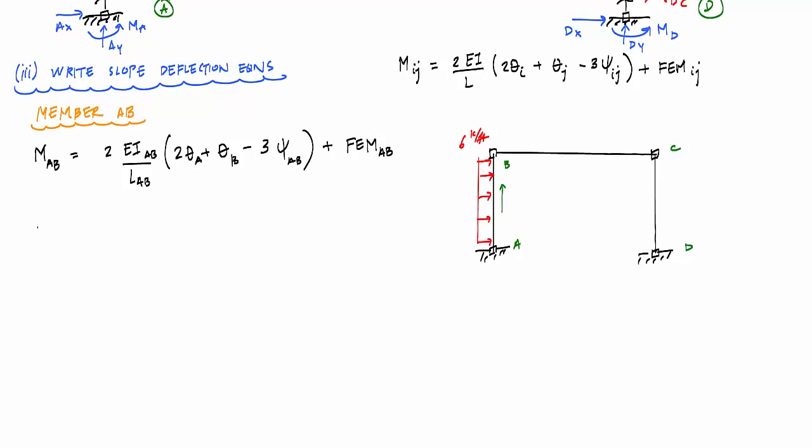So for member AB, MBA would be 2EI AB over LAB, 2 theta B plus theta A minus 3 psi BA plus FEM BA.